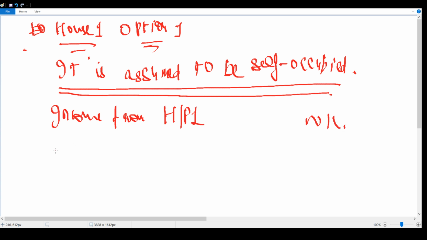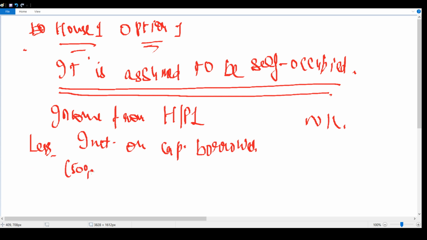But we have taken some loan. Interest on capital borrowed: rupees 5 lakh into 13% into 11 by 12.